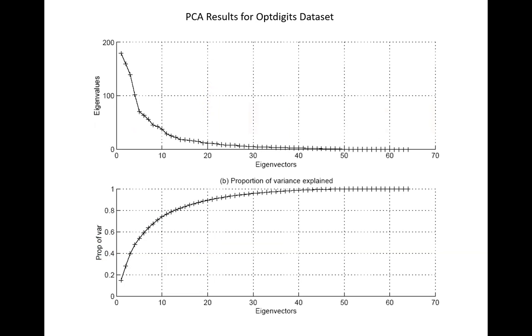That is, after some initial number of eigenvalues, in this case maybe about 10, 15, the rest of the eigenvalues are falling very rapidly, and very quickly after the 40th or so, most of the eigenvalues are really very small. So again, if one wants, one can take this data and transform it into a lower dimensional space. All right.